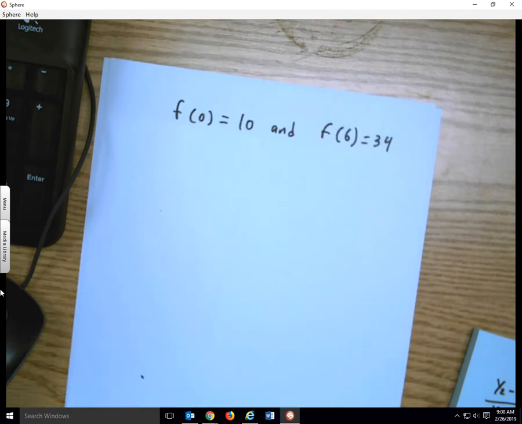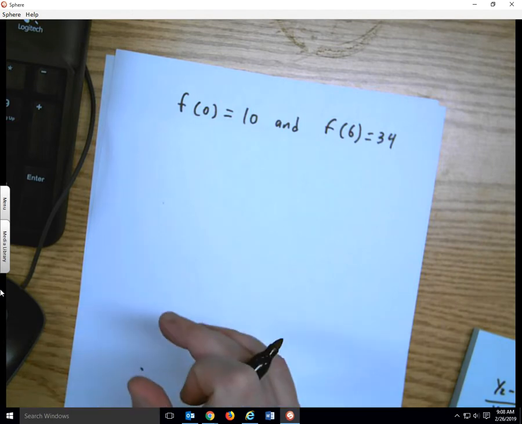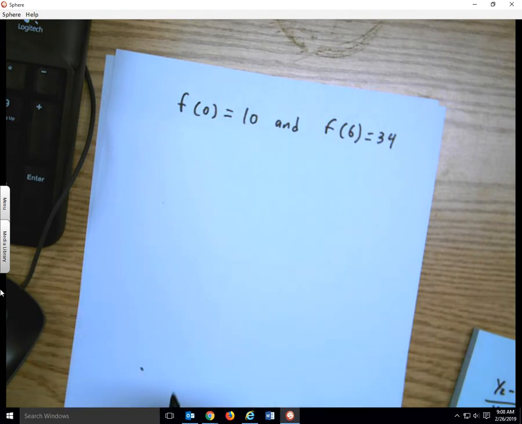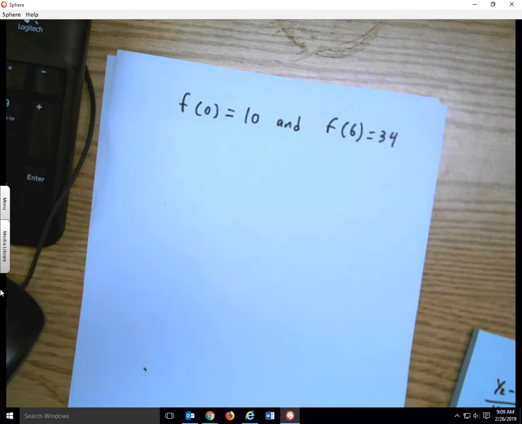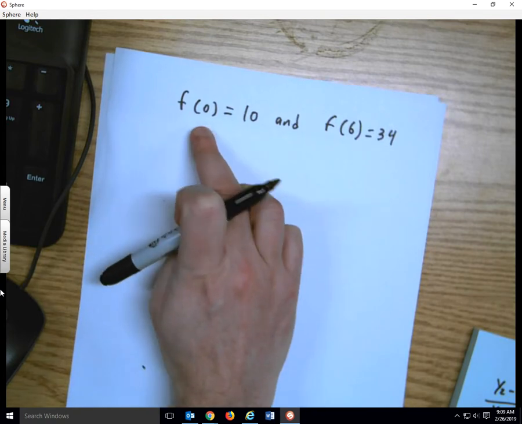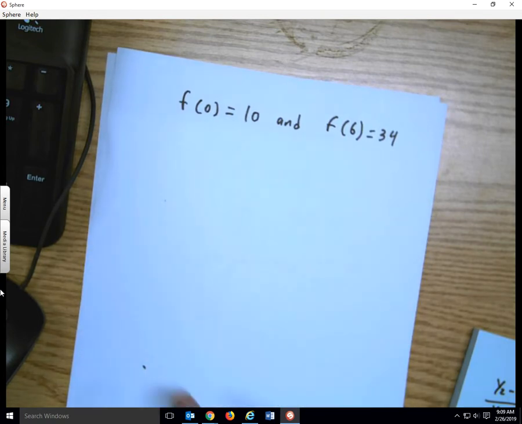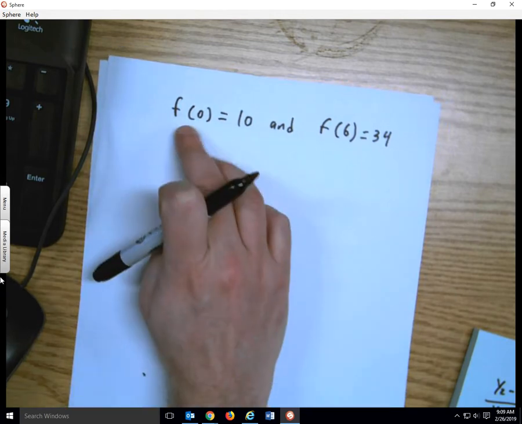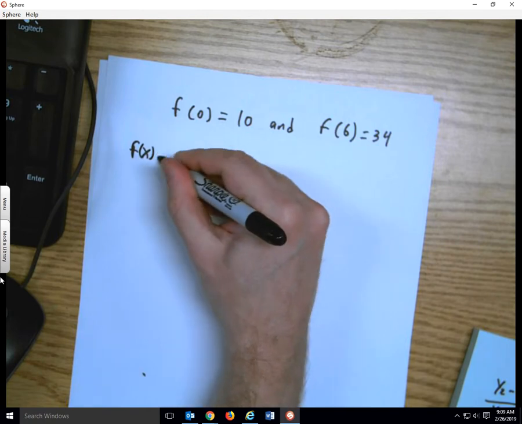Let's do this last one here. So the last progression is, what if instead of what we just did, which is I'm given an x and y, I'm given an f of x, right? And then the answer. What do I do then? Well, remember that f of x is really the same thing as a y.